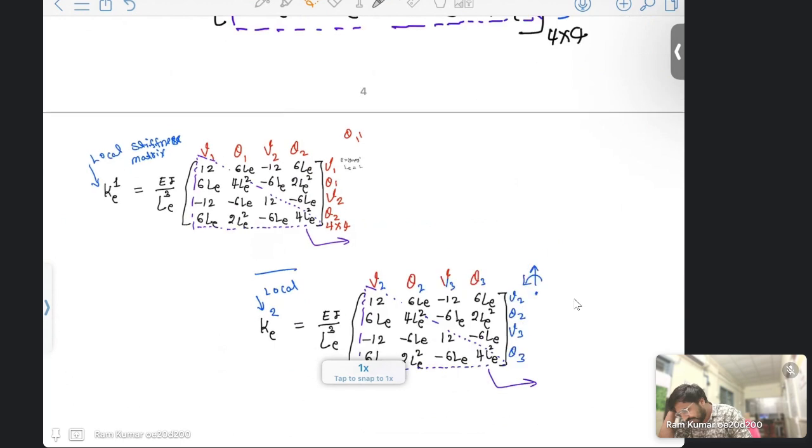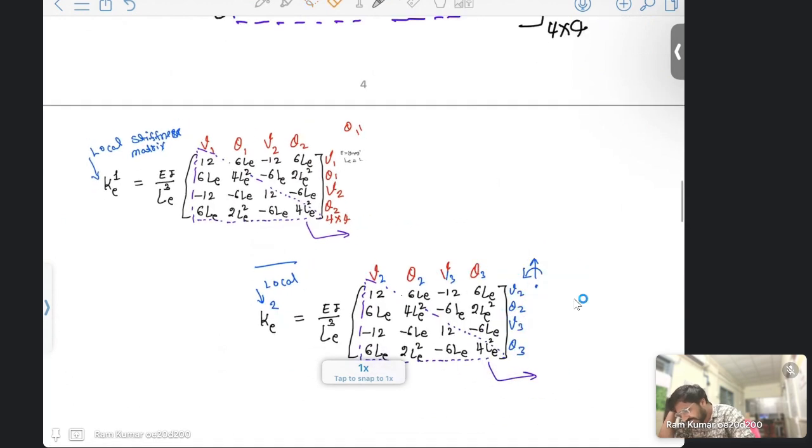Okay, so this is our K1 and K2. Now how we are going to add them and find the global matrix, I am going to explain here. These are local.